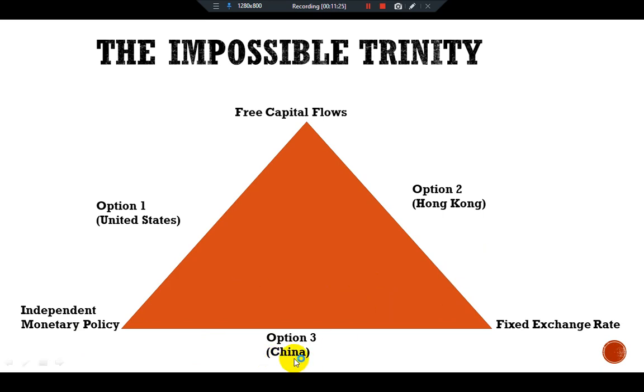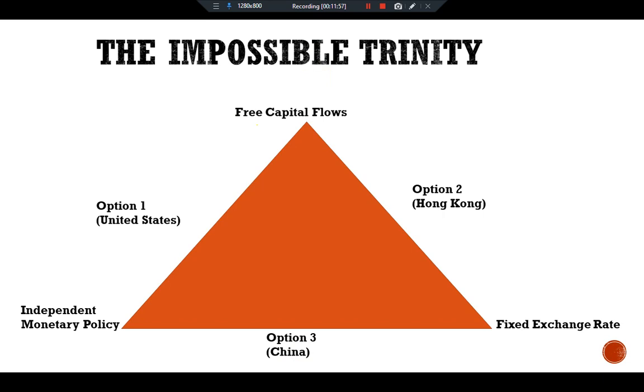When we move toward the third option, it restricts the international flow of capital in and out of the country, as China has done in previous years. In this case, the interest rate is no longer fixed by the world interest rate, but is determined by domestic forces, much as in the case of a completely closed economy, which we have discussed in our previous video.